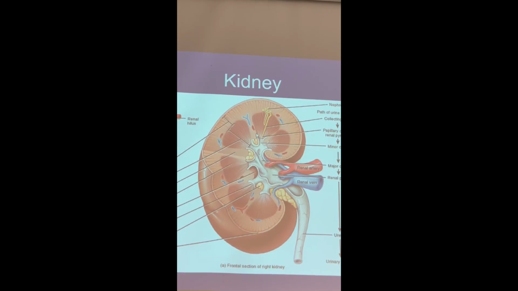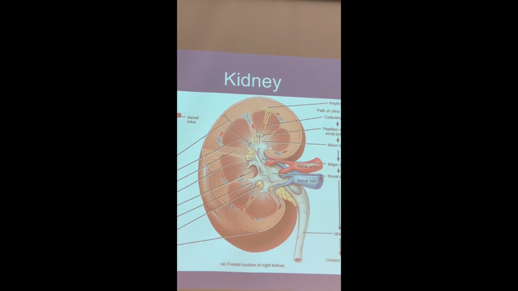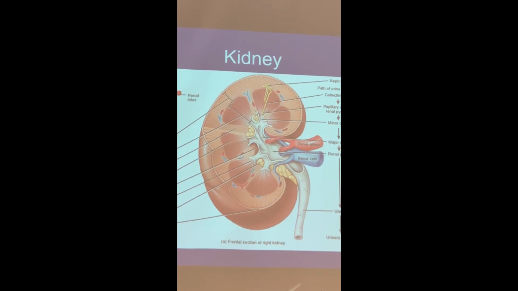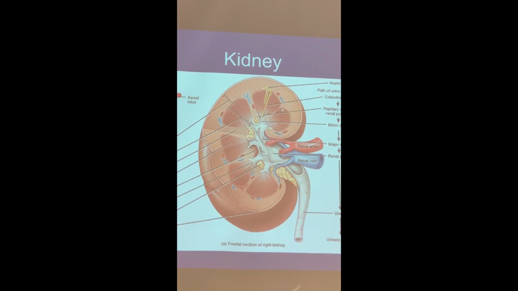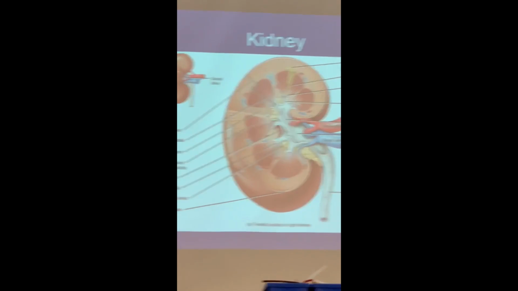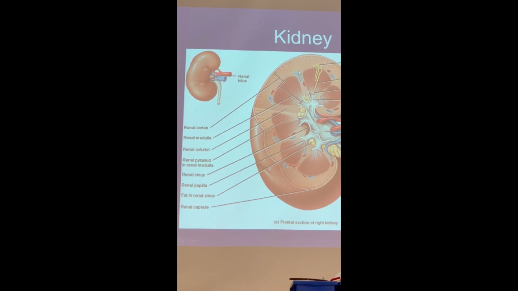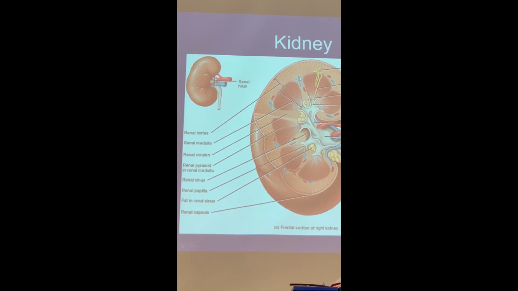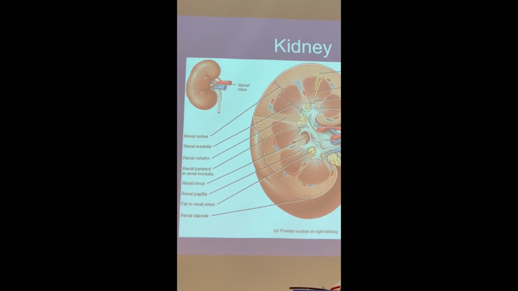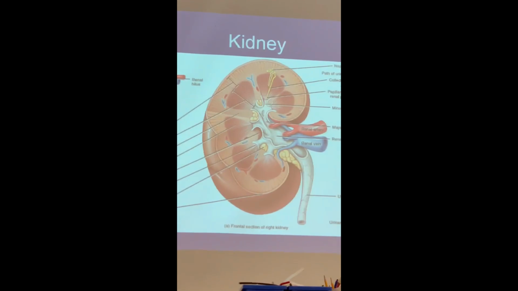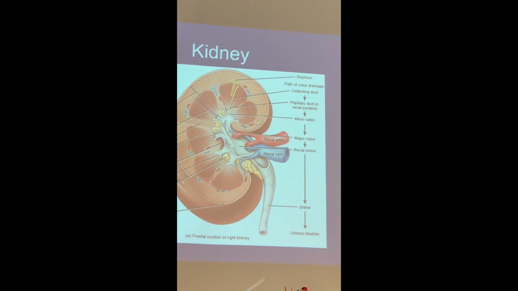Now, one thing I didn't mention in the video lecture, which is fairly obvious here, is that we have these columns of cortex-like tissue going from the renal sinus up into the cortex, these renal columns. And these allow a region of normal osmolarity for the blood vessels that are coming in from the renal hilus, right?